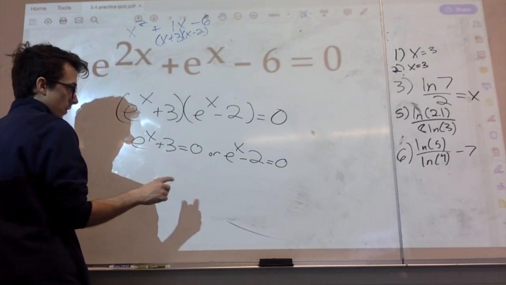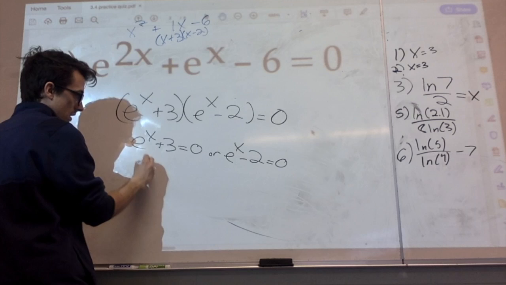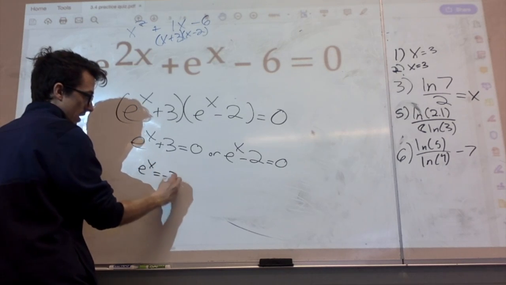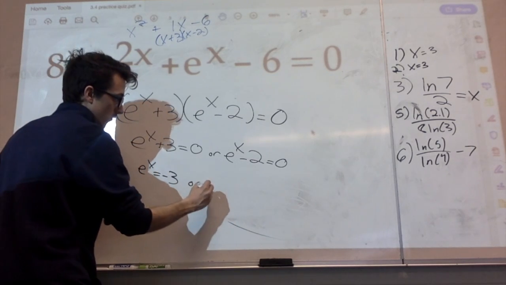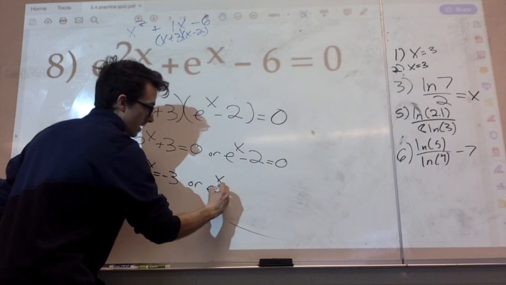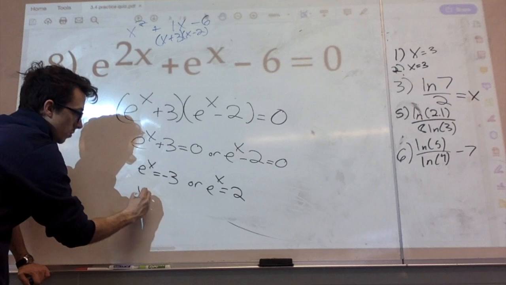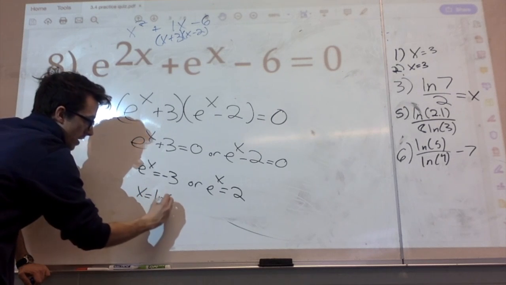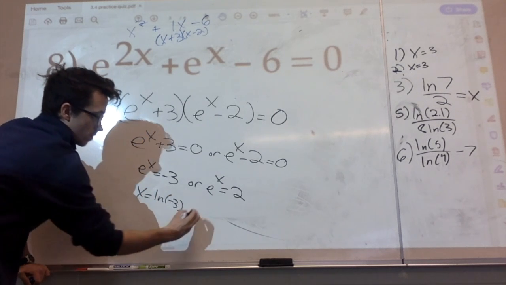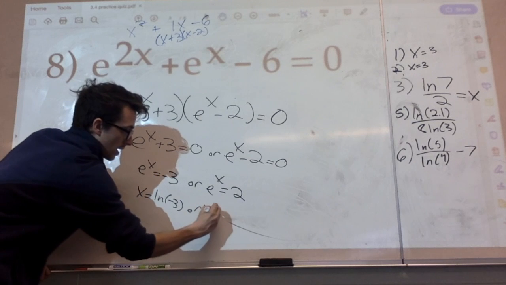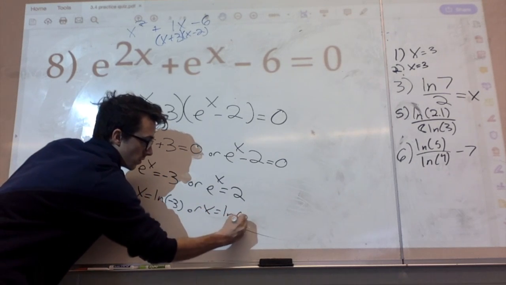Eventually, you can take this further and say that e to the x equals negative 3, or e to the x equals 2. But eventually, you would say that x could be equal to the natural log of negative 3, or x equals the natural log of 2.